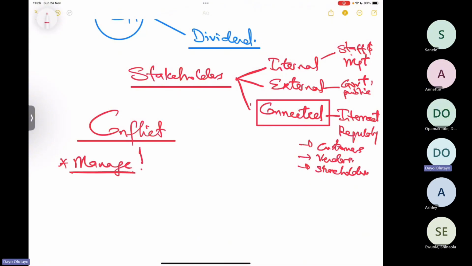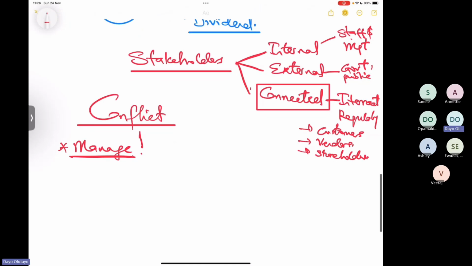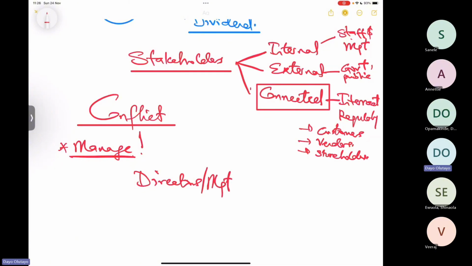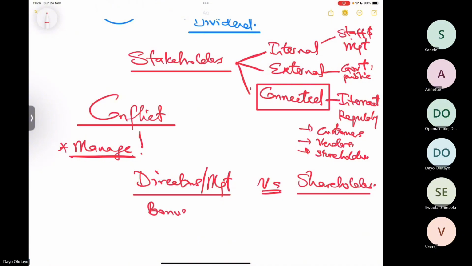And the popular conflict that you always must manage is the conflict between the directors or the management versus the shareholders. And let's look at their interest. These guys, they want a lot of bonuses, they want salaries, they want a lot of money to be paid to them.